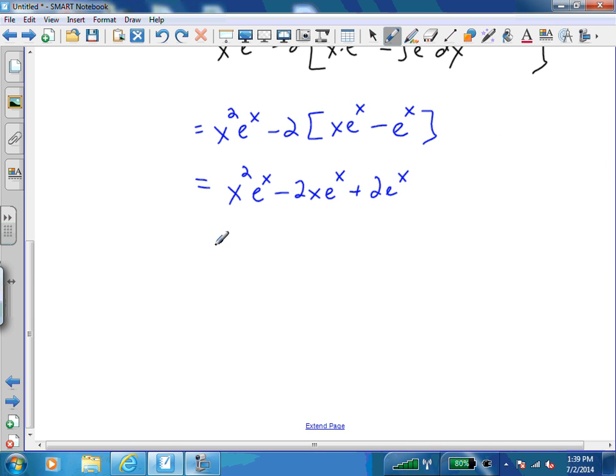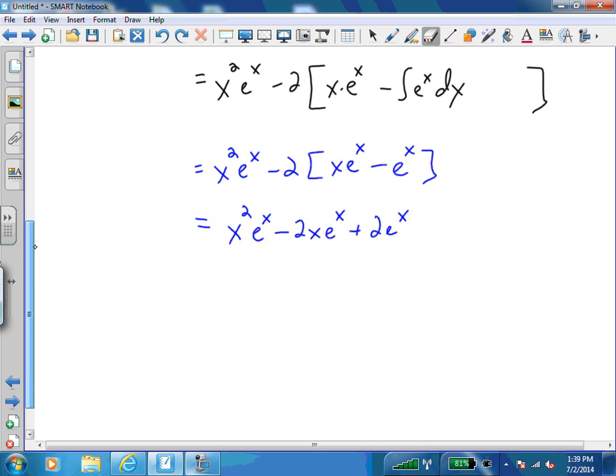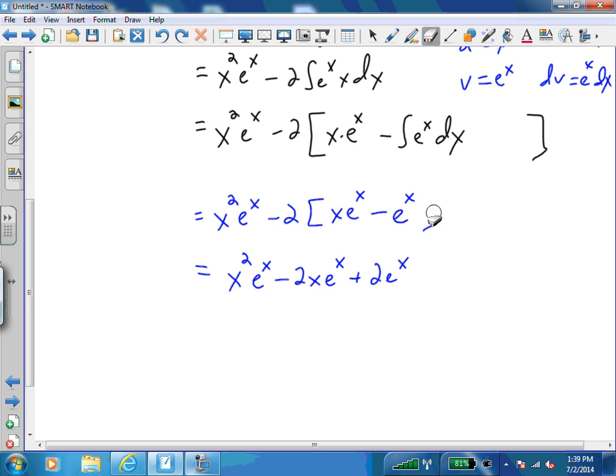If we want to, we could factor out an e to the x: x squared minus 2x. Oh, hold on just a second. We left something out. What did we leave out? We integrated here. Plus c.